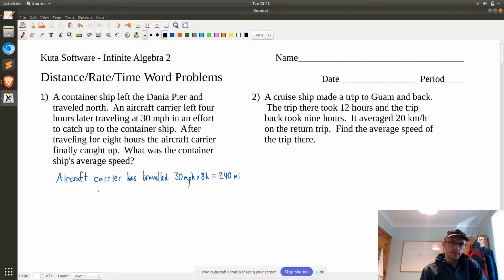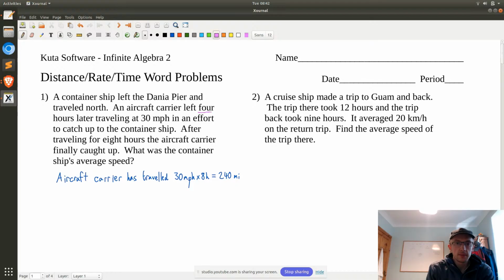Okay, so in this case, though, what's the story? The story is that the container ship has been out at the sea, traveling for a solid 12 hours.